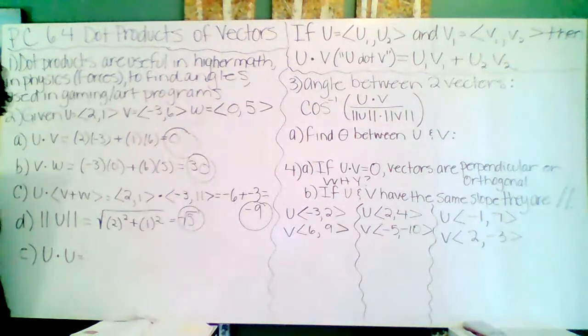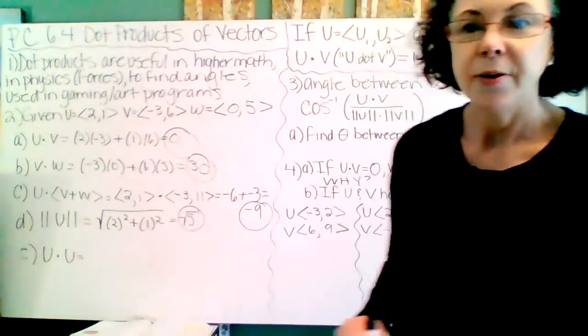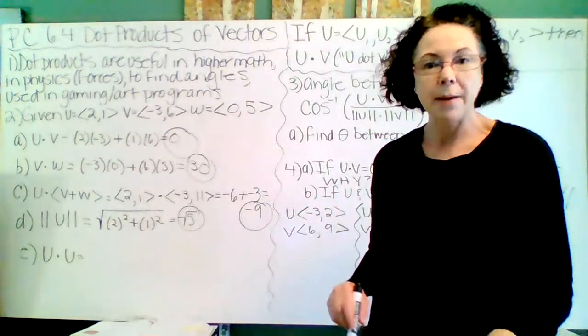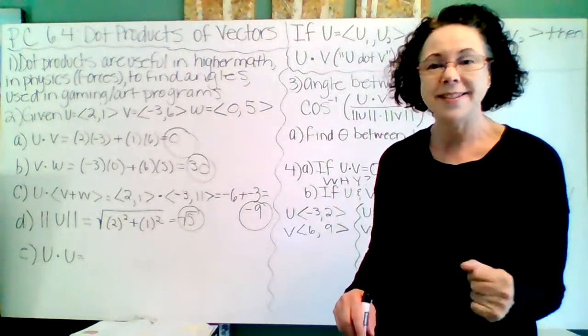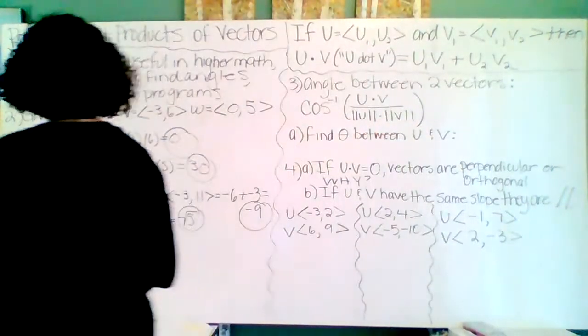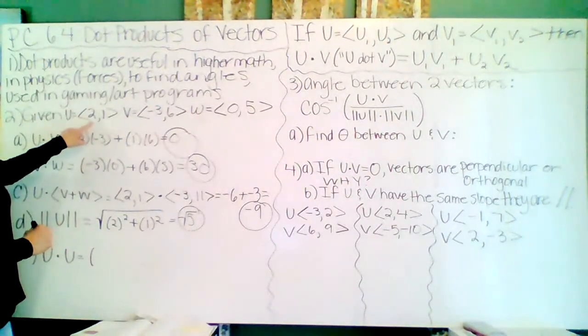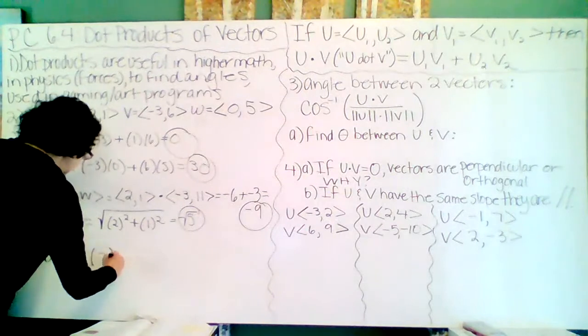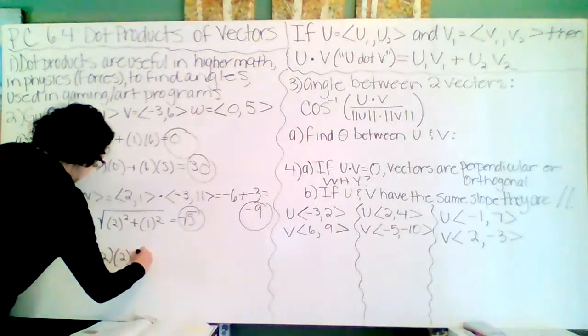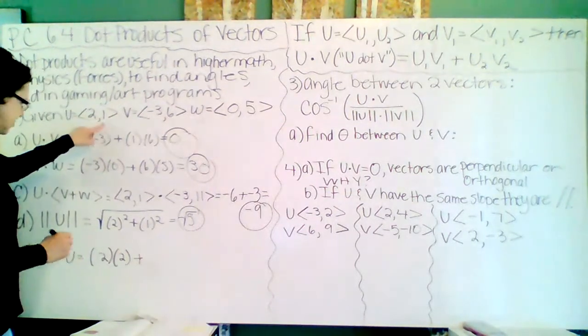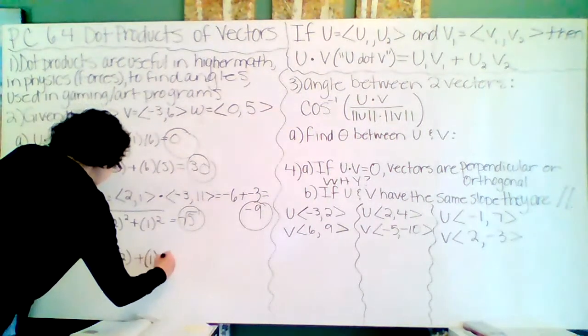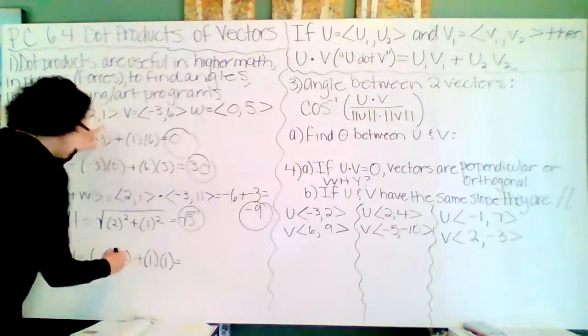Now let's do u dot u, where you do the dot product of u with itself. That would be 2 times 2 plus 1 times 1. Notice that you get a 5.